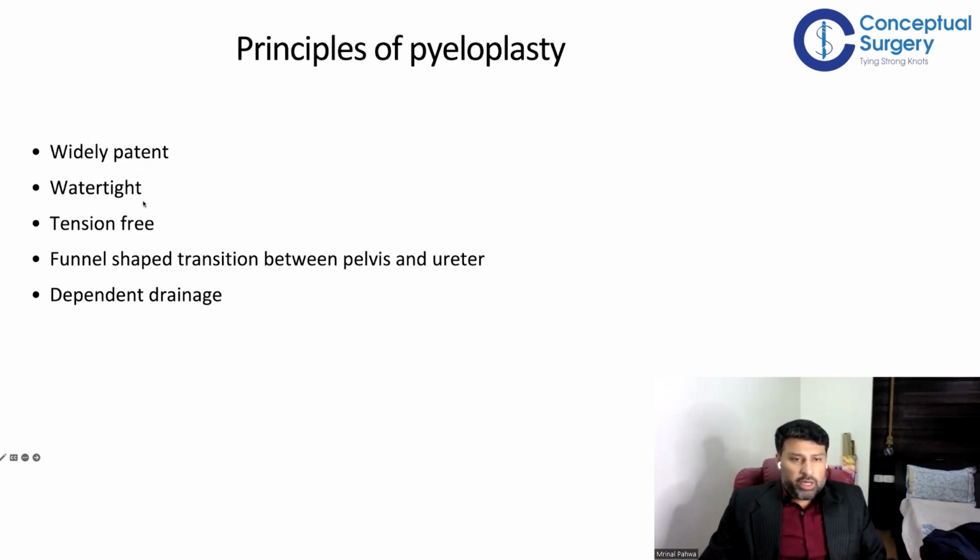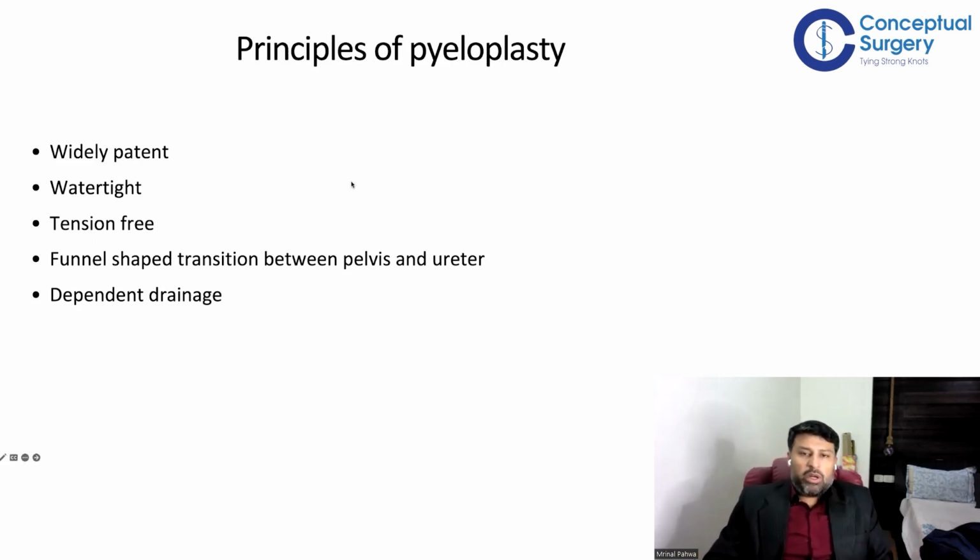Secondly, it should be watertight, as in there shouldn't be any leak of urine, because a leak will lead to urinoma formation, infection, fibrosis and recurrence of the disease. So it has to be a watertight anastomosis. Third is tension free. That goes for any anastomosis anywhere in the body. For it to be successful, the two surfaces have to be tension free.